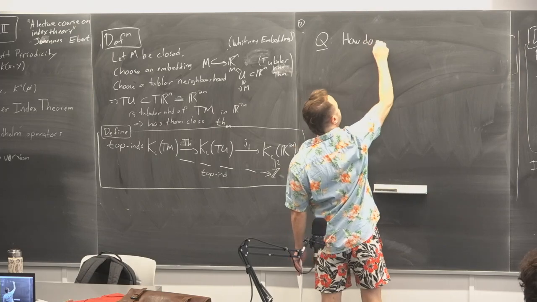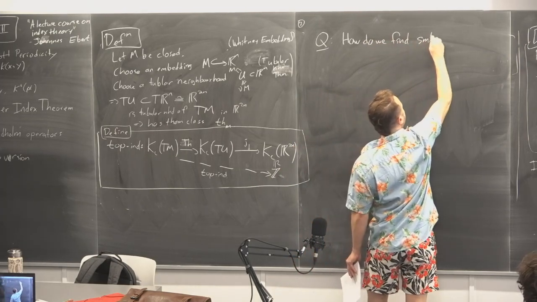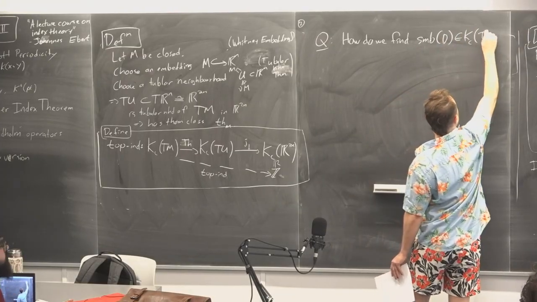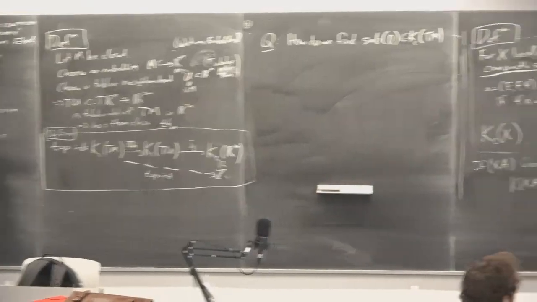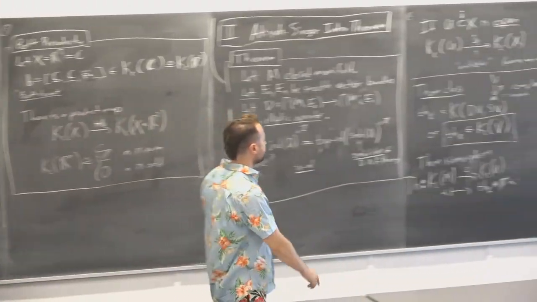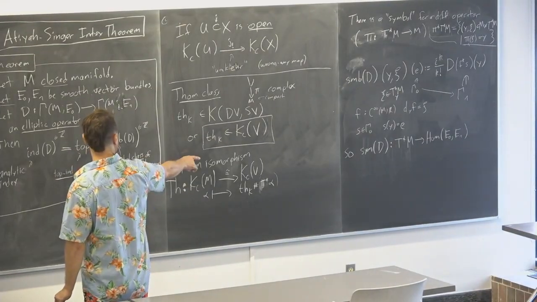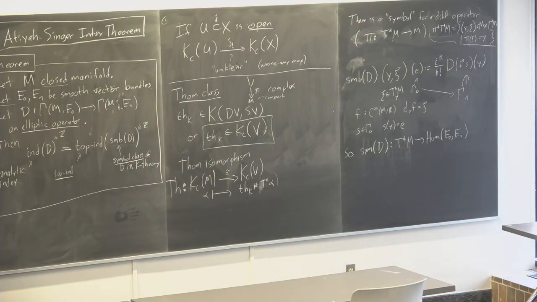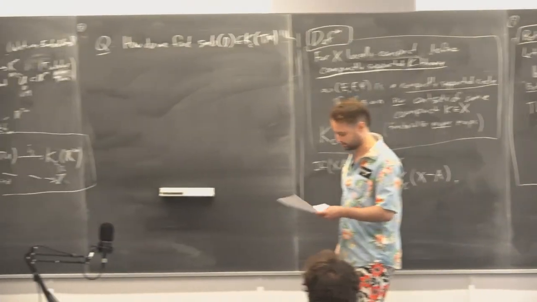How do we find the symbol of D as an element in the compactly supported K-theory of the tangent bundle? The way that we wrote it down over there involved the cotangent bundle, and it's not clear to me off the top of my head how to go from this expression to one of these compactly supported things. So this is kind of a big thing. If I think of something before next time, I might try to mention it.